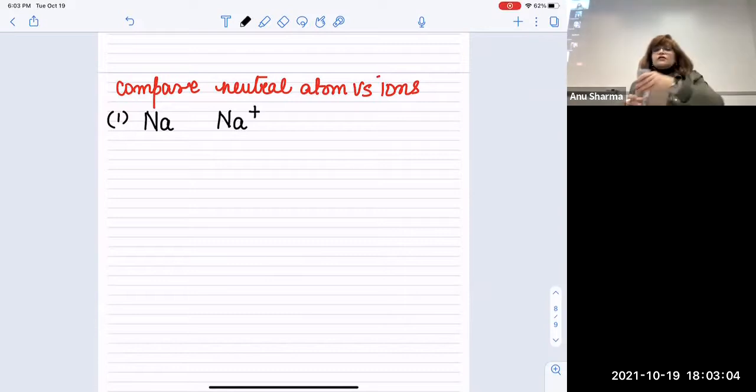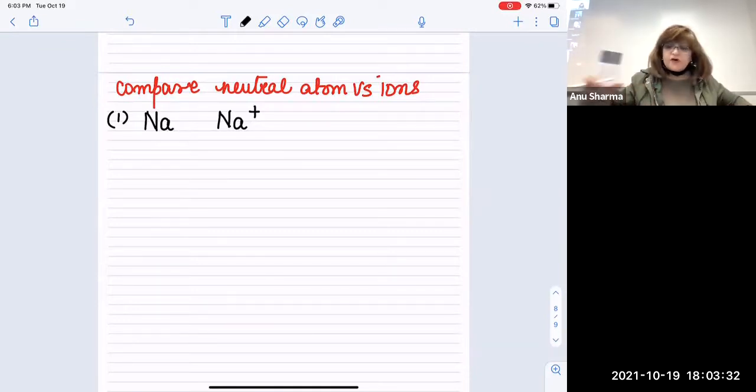Sodium or sodium ion? Neutral is bigger. So the neutral atom is bigger.